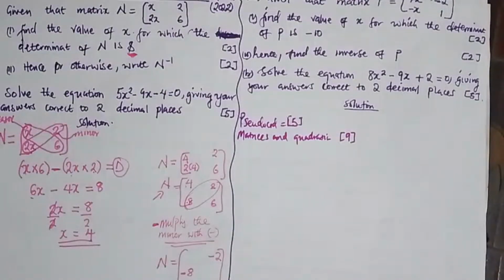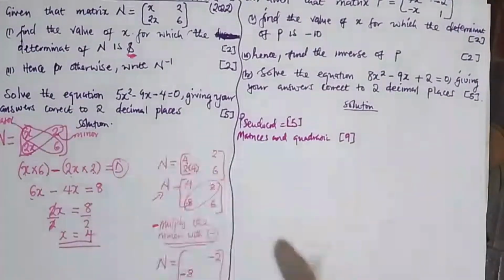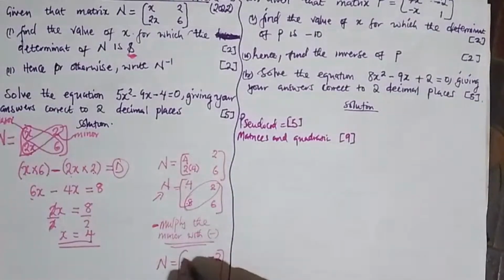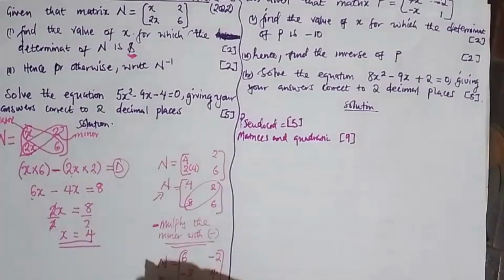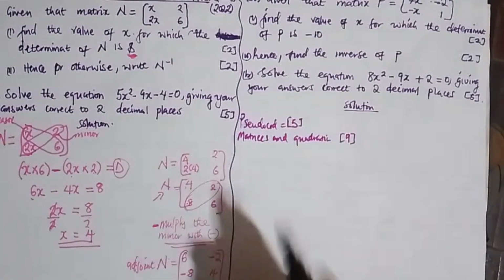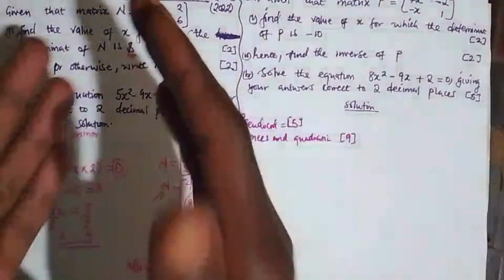Yeah. Then next thing, the major diagonal, you are going to do what? You are going to swap it. So this major diagonal, we are going to swap it. We are going to say 6 and 4. So this is the adjoint of N. So now we have the adjoint and we have the determinant.